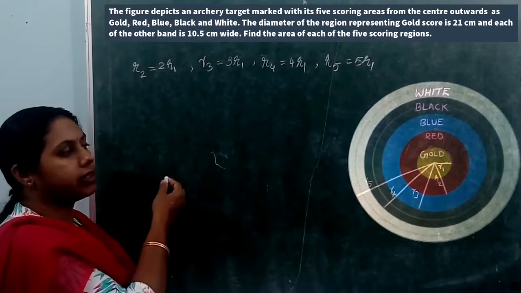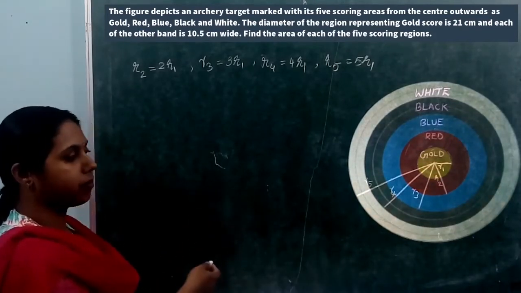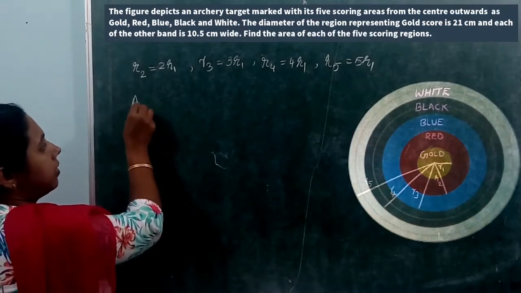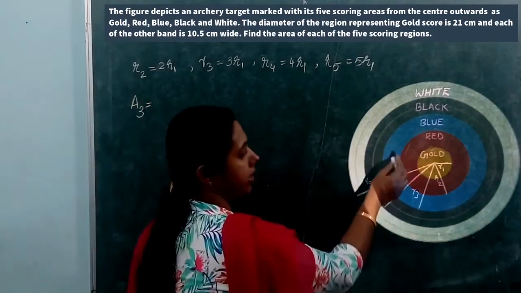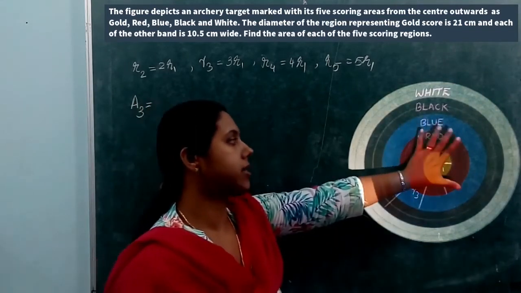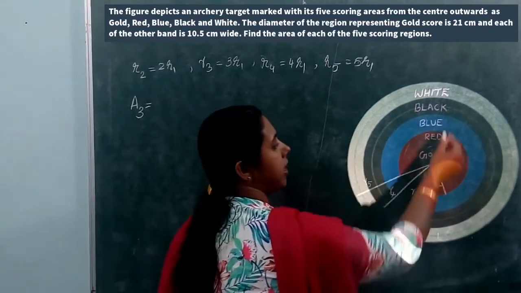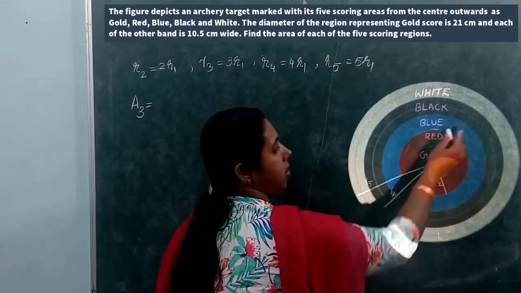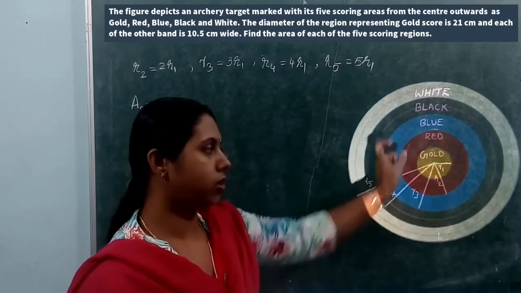Same way we can find the area of the blue region, that is the third region. So A3 is equal to, that means we want to find the area of this blue region only. So the area of the big circle minus area of this circle, then only you will get the area of this blue region.